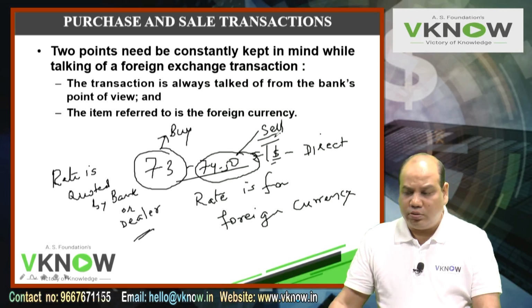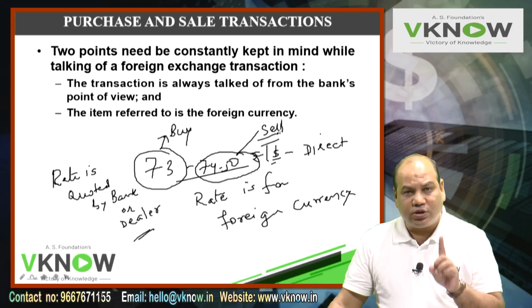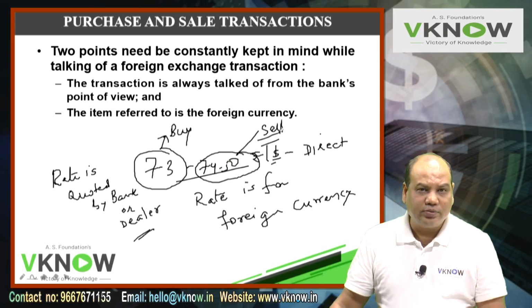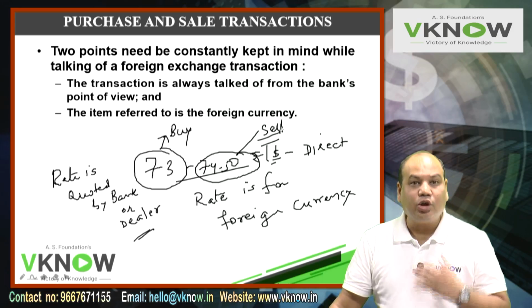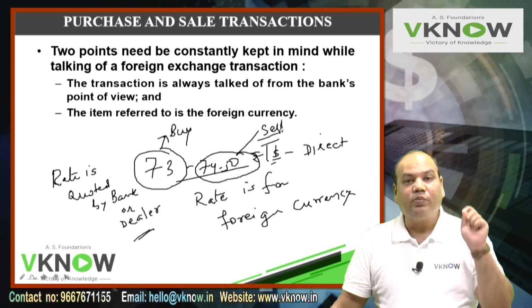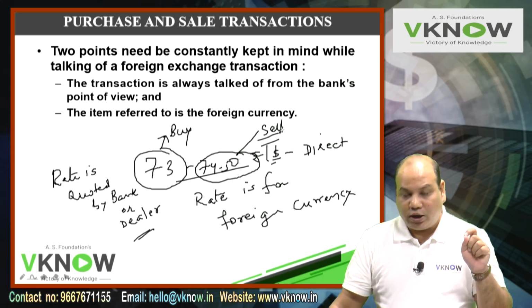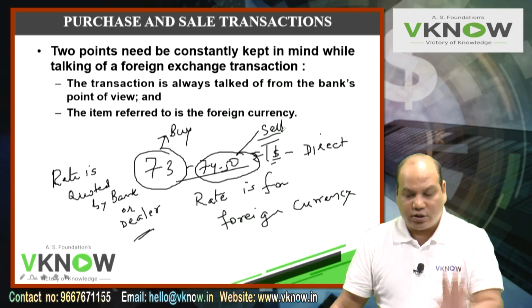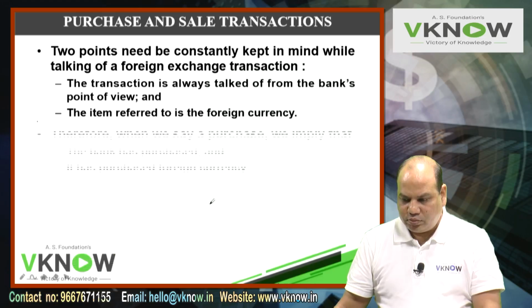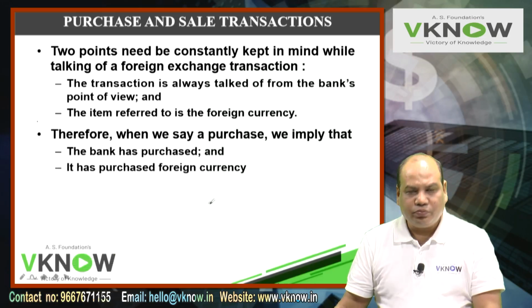So I'll repeat these two points again. The rates are always quoted by the bank in all our questions. Don't look at it from the customer's point of view. Look at it from the bank's point of view. And second, the rate is for foreign currency. For a direct quote, the rule is the bank will buy at the bid rate.